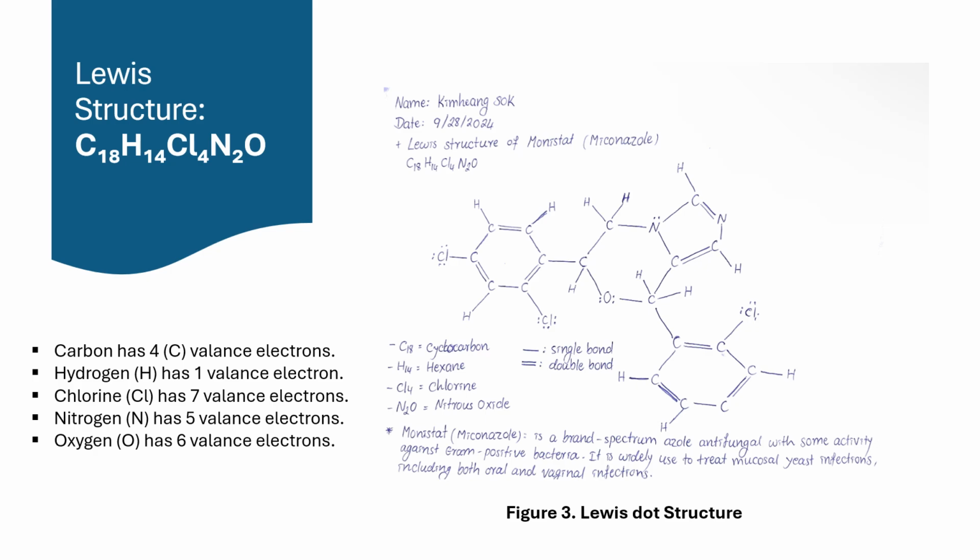As you can see, carbon has 4 valence electrons, hydrogen has 1 valence electron, chlorine has 7 valence electrons, nitrogen has 5 valence electrons, and oxygen has 6 valence electrons. It shows the single and double bonds between atoms, as well as lone pairs of electrons. These structures help visualize the molecule's bonding and overall shape.